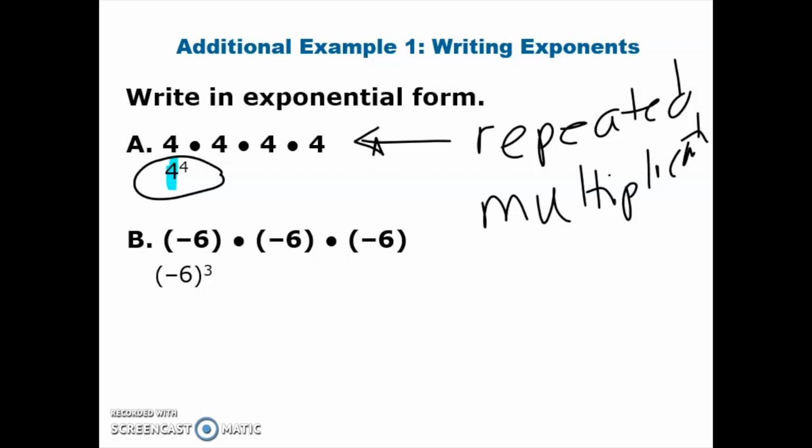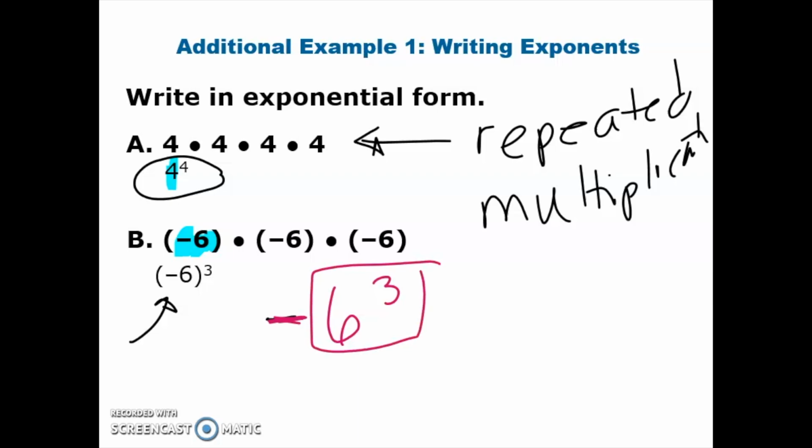Now, when we look at example B, we have these negatives, and notice that the negative is inside the parentheses. That is critical, that we put the negative inside the parentheses. That tells us that the negative is also being repeated. That's different than if I had written, let's say, negative 6 to the 3rd power. Negative 6 to the 3rd power would mean that only the 6 is being repeated.